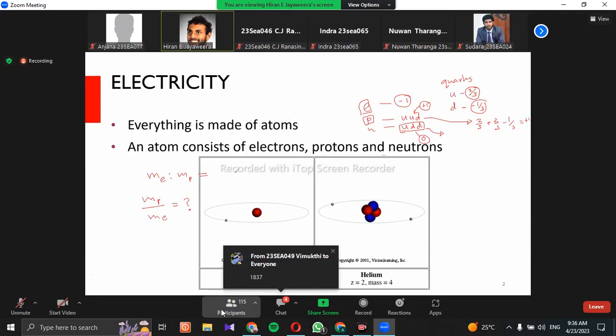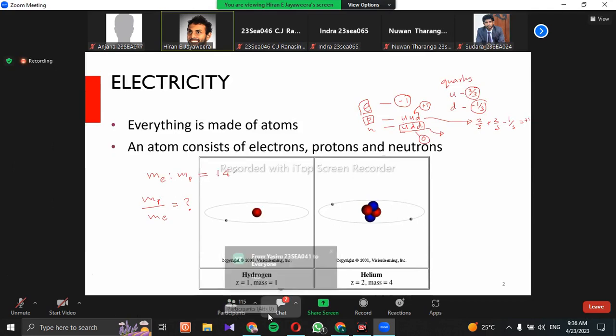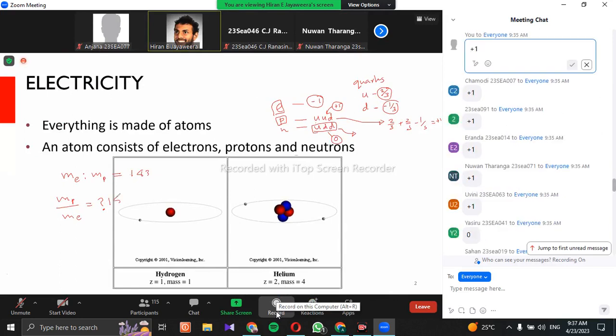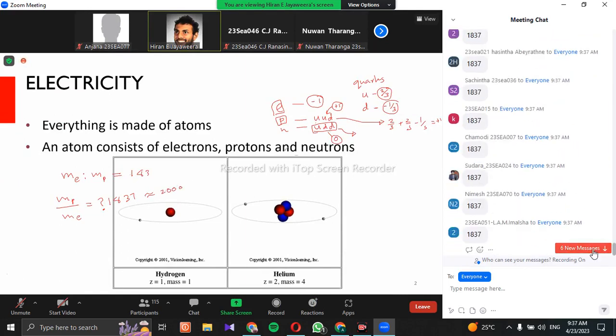Yeah, so roughly it's 1,800. Sorry, 1,837, right? Just to make it easier, let's say it's 2,000 times. So mass of the proton is roughly equal to 2,000 times the mass of the electron, right?